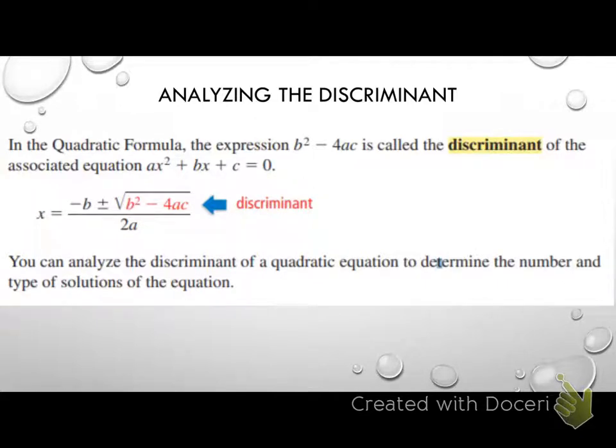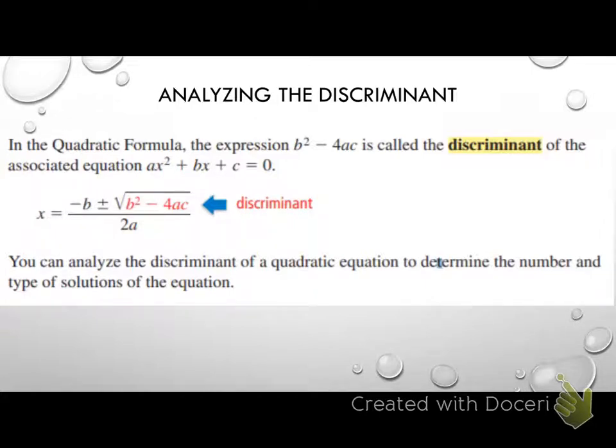You can analyze the discriminant of a quadratic equation to determine the number and type of solutions. So before I even find the solutions, I can use the discriminant to determine how many solutions I'm going to have and if they're real or imaginary. Okay?